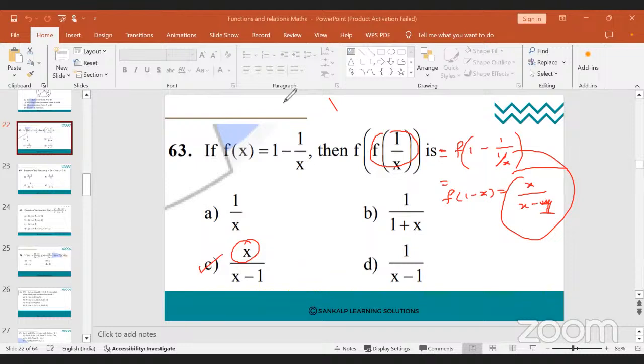Nagappa, Gantnur, just to make it correct, it's not D, it's C. You gave 1 upon x minus 1 as the answer, but the answer is x upon x minus 1, okay?